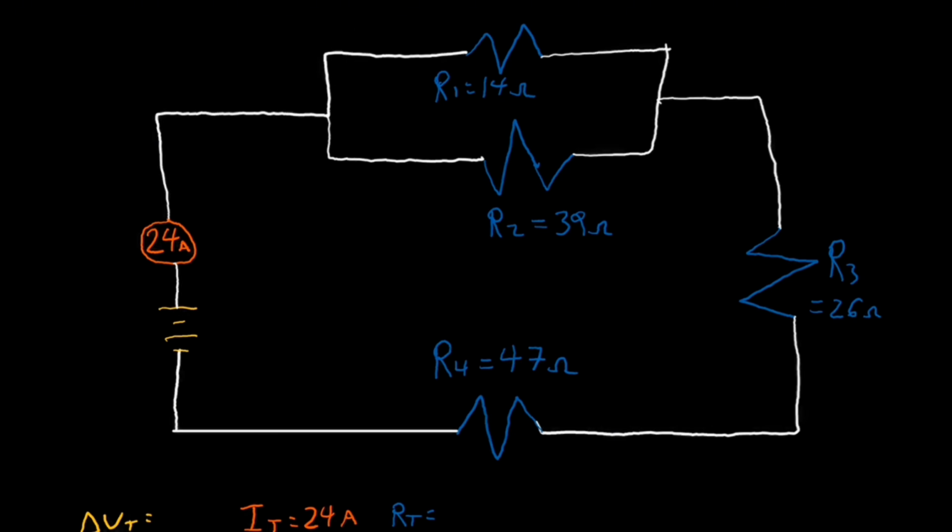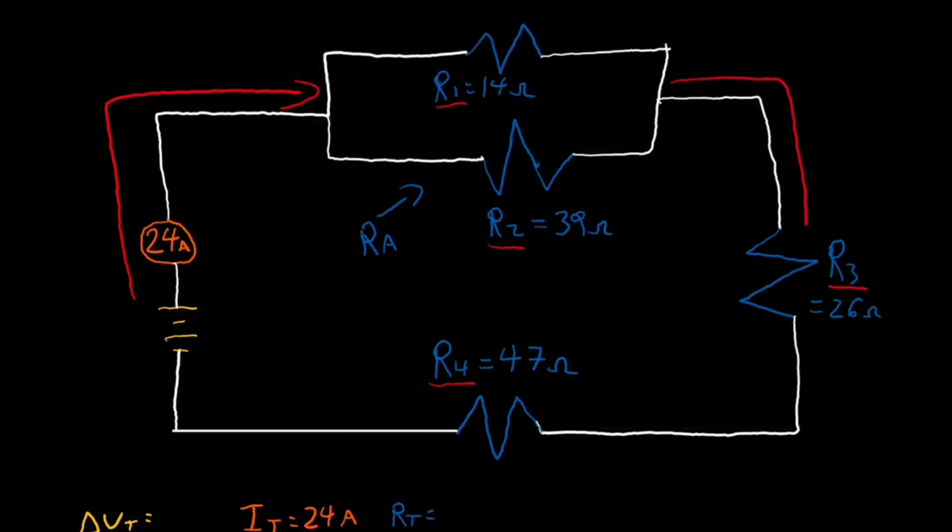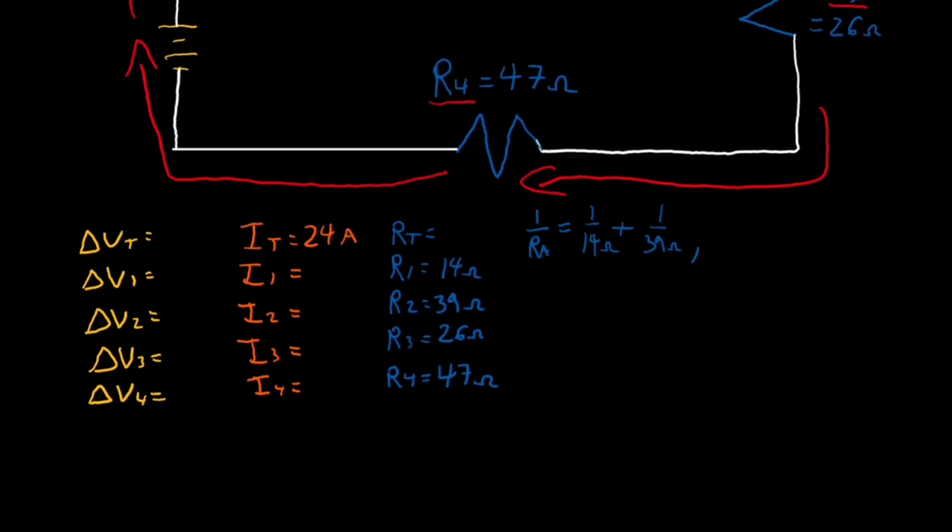Here we are given 4 resistors as well as the total current. When we look at the path of the circuit, we can see that it's first R1 and R2 in parallel with each other, which here again we can label as RA, as RA is in series with R3 and R4. Similar to the last question, we can solve for the total resistance. So first, solving for RA, 1 over RA equals 1 over 14 ohms plus 1 over 39 ohms.